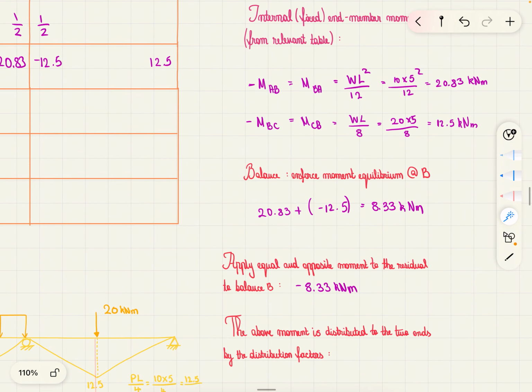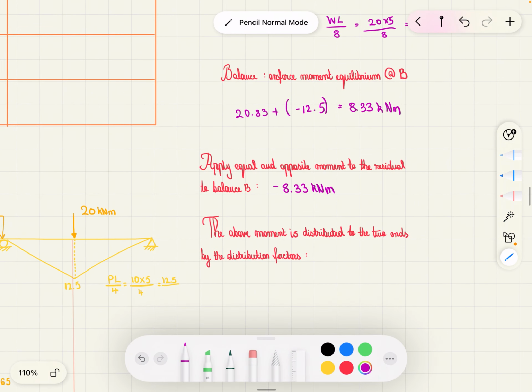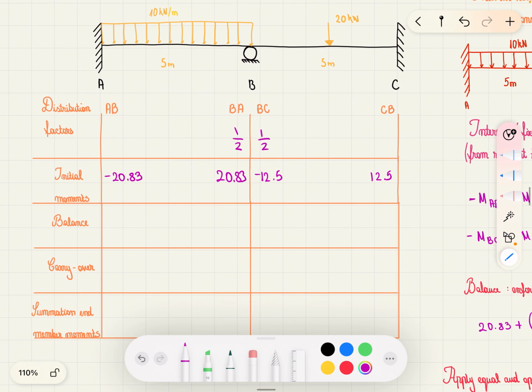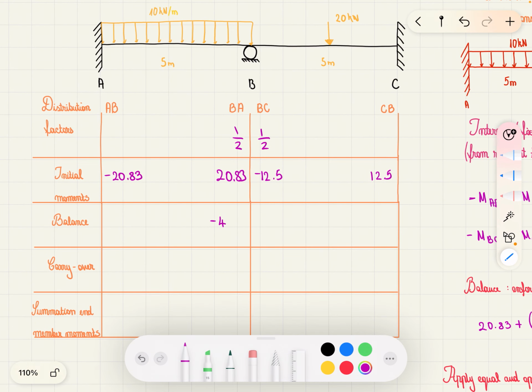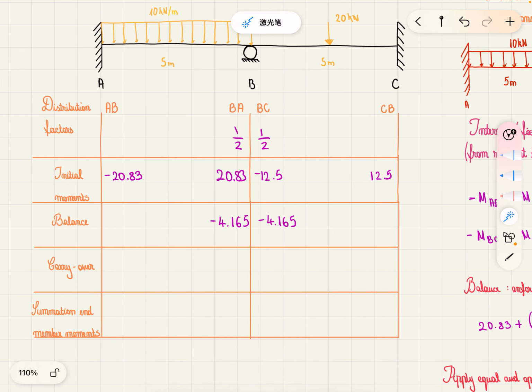So we have to halve the value of minus 8.33, divide by 2, so minus 4.165. So on each side we get minus 4.165. This is how our moment distribution factors have split up the moment at B.